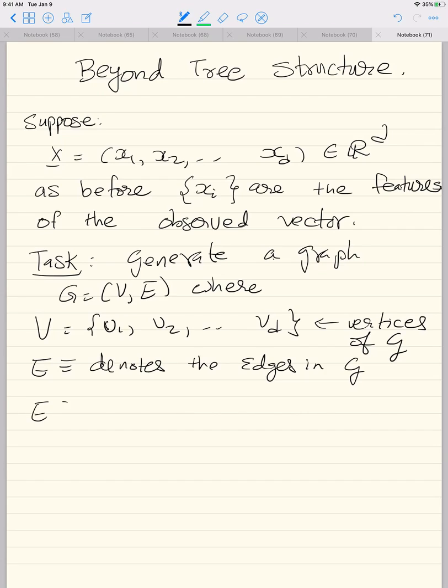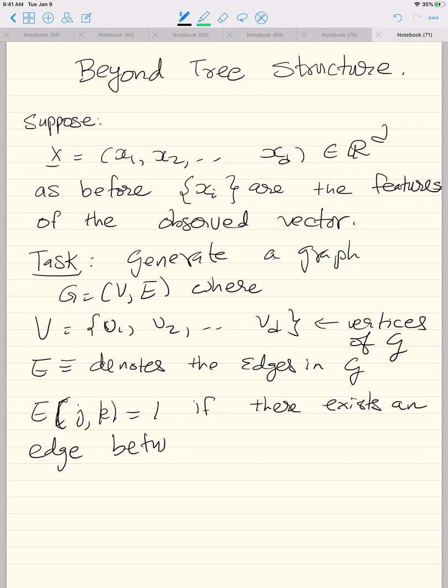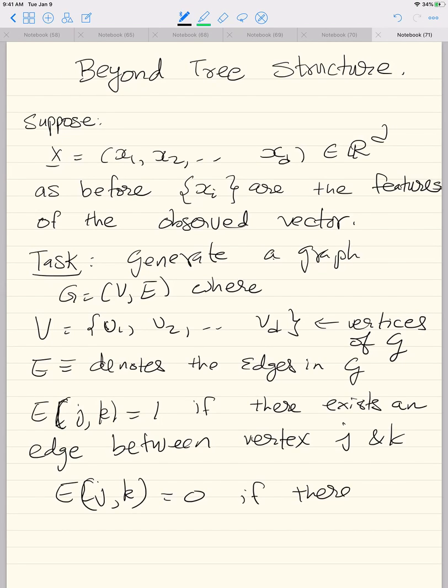In particular, for E we'll use the notation E of jk is 1 if there exists an edge between vertex j and k, and E of jk is 0 if there is no such edge. Okay?